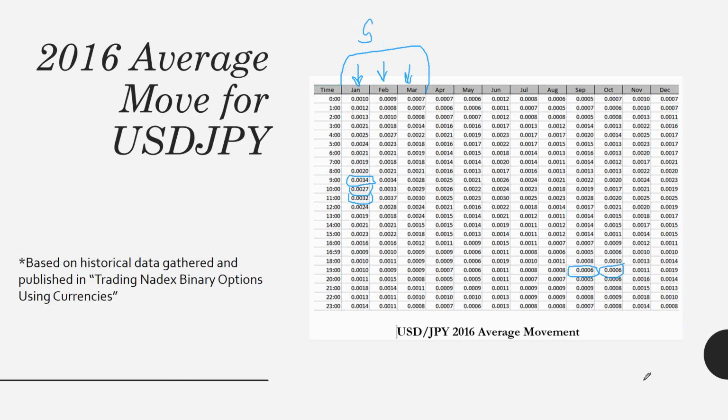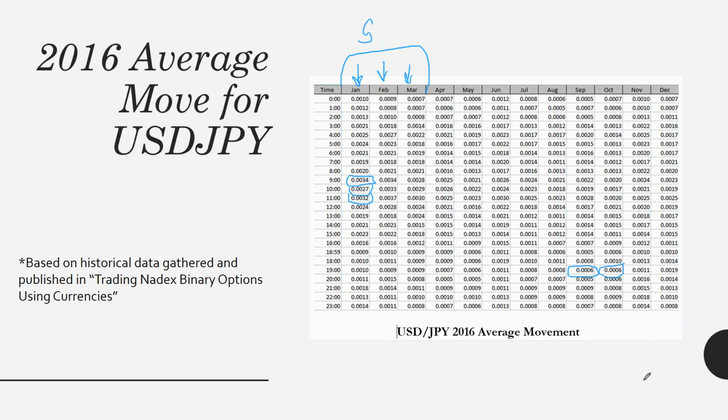Do I have these charts for all of the instruments? Richard, I do. Email me. Okay. This chart is actually in my latest book, Trading Nadex Binary Options Using Currencies. No, it's not available on Nadex, Ernest.